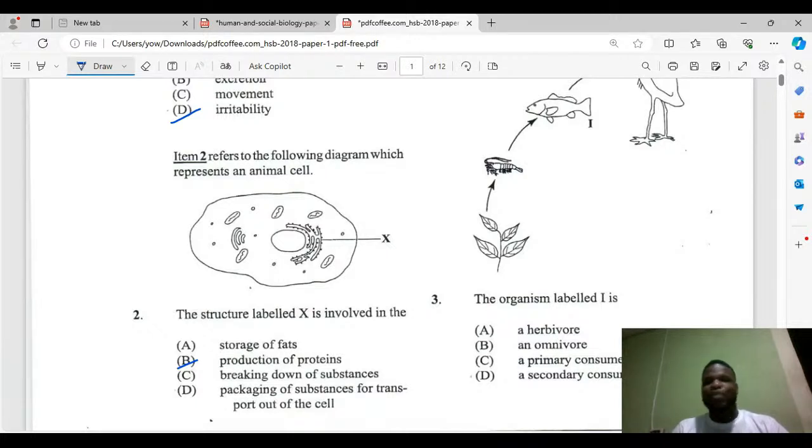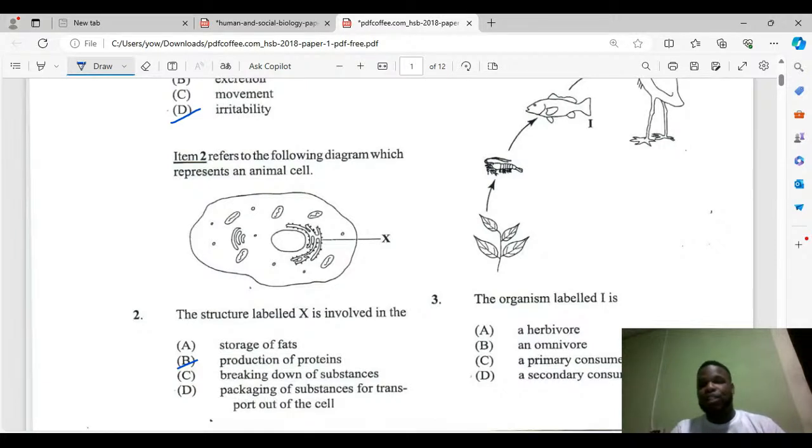And we see that this question is similar to the other question. We see the producer here, then the primary consumer and the secondary consumer.